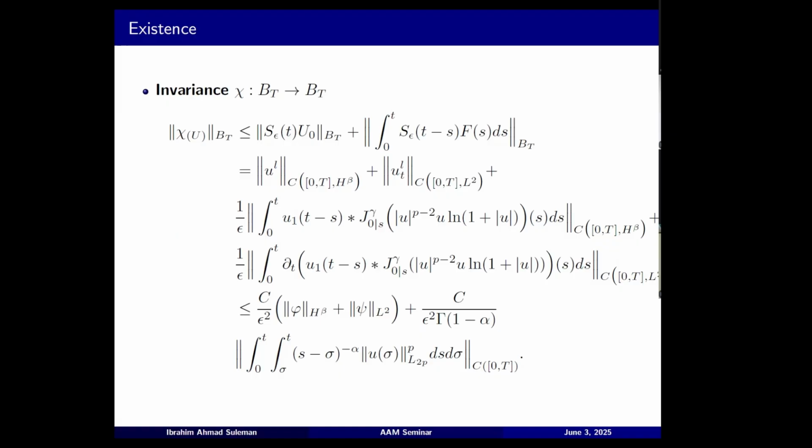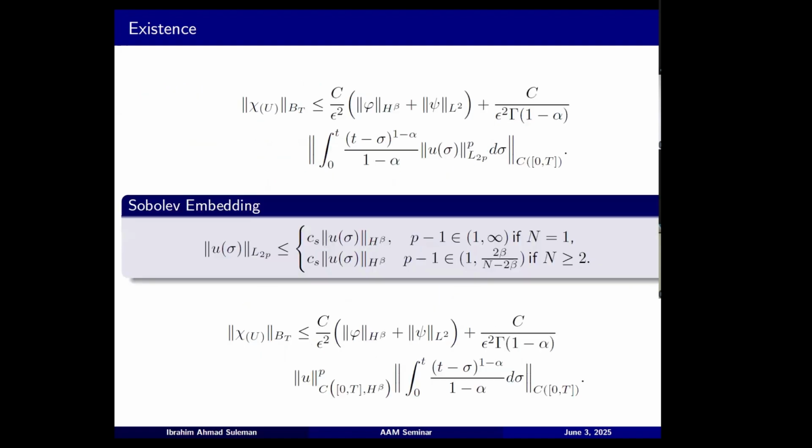And the next term, we switch integrals because our nonlinear term, we can write it as actually a Riemann-Liouville fractional integral of order 1 minus alpha. Switching integrals, we can integrate in the second term in the norm, and we'll arrive at this value, which is t minus sigma to the power of 1 minus alpha in the integrand.